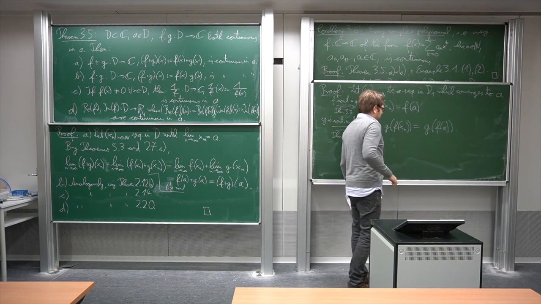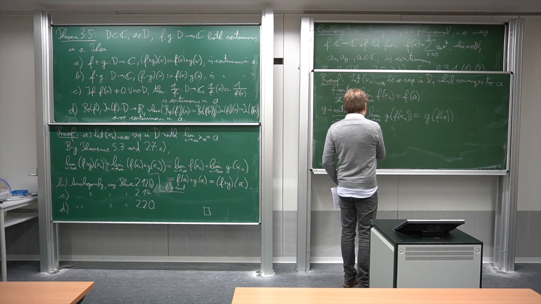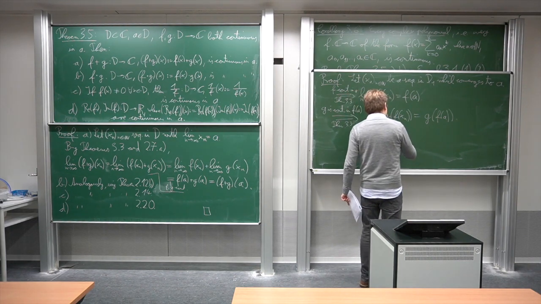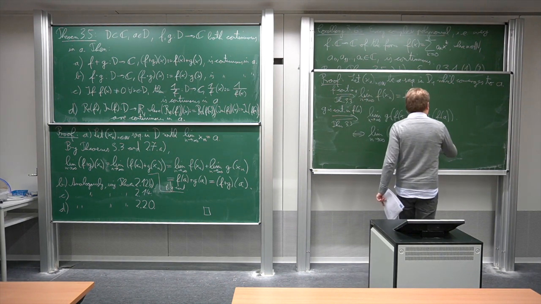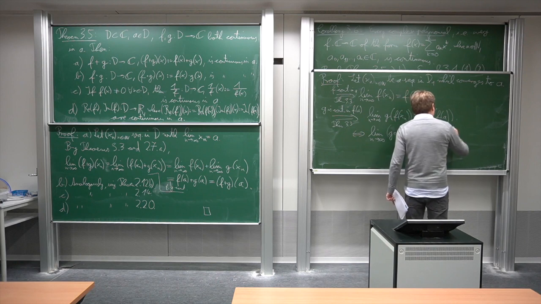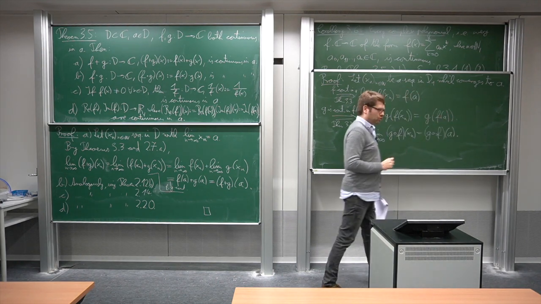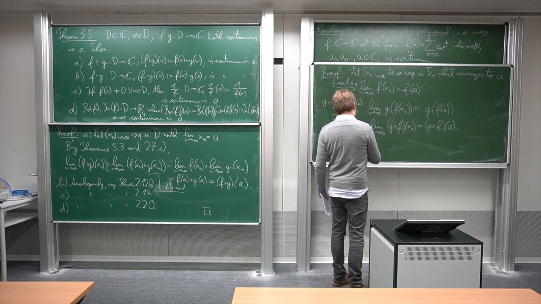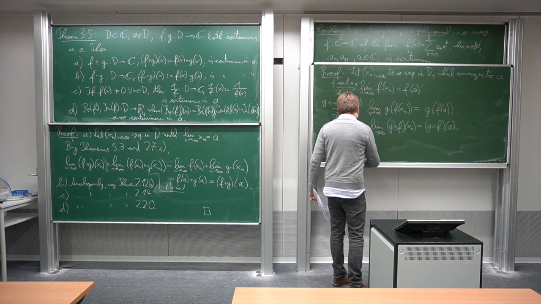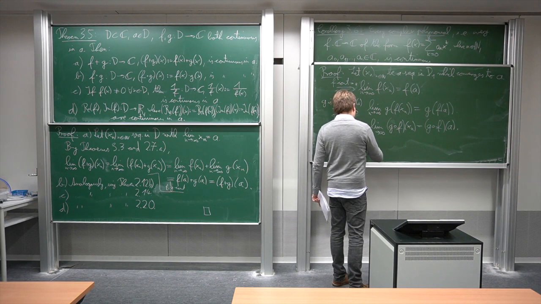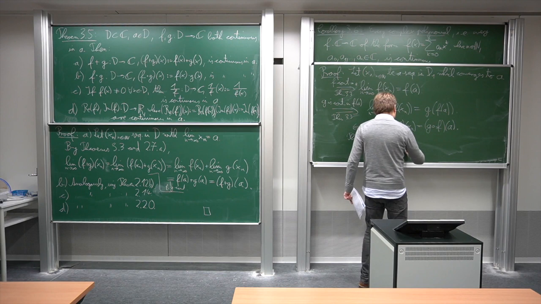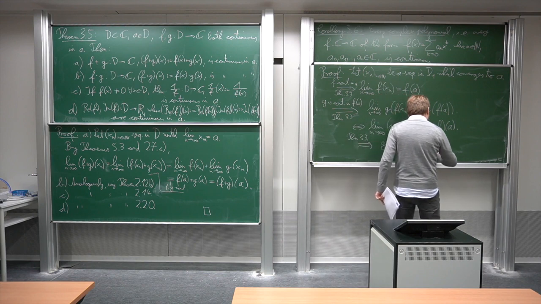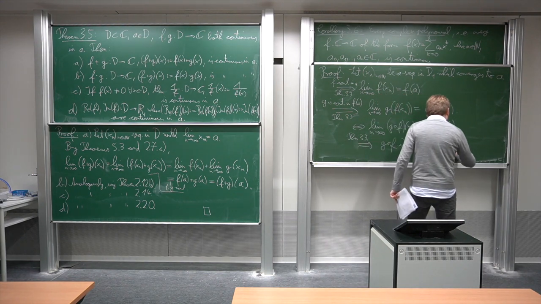But if we take a look at what stands here, this is the definition of the composition, so this is g circ f at xn, and this goes to g circ f at a. And this is what we wanted to show. So this implies, again by Theorem 3.3, since we've taken an arbitrary sequence in the beginning, that g circ f is continuous in a.